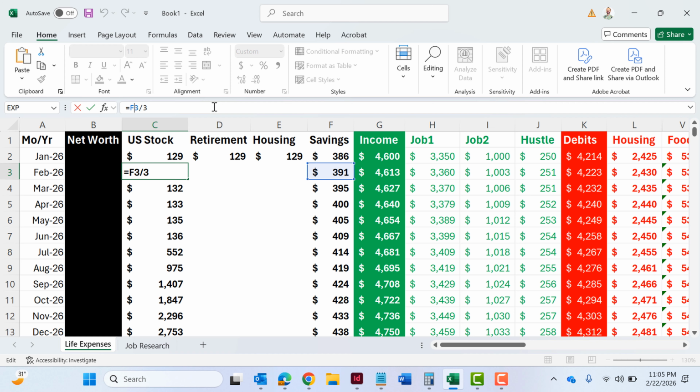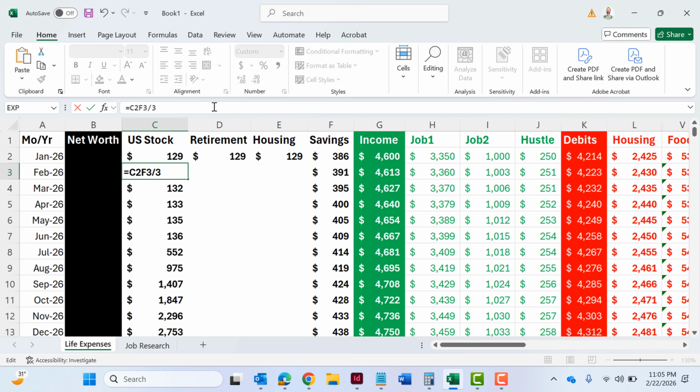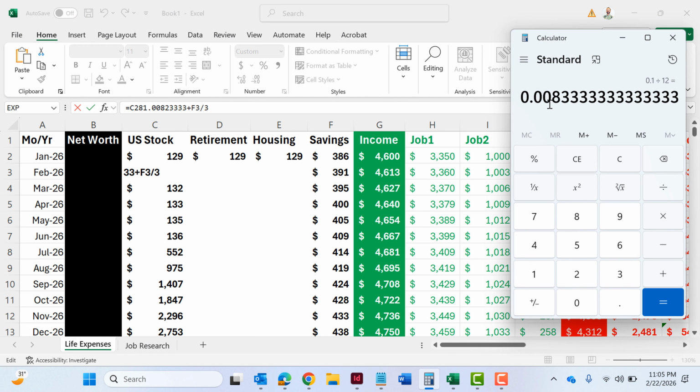So we're going to say the next month is equal to C2, so that's last month's stock market, plus F3 divided by 3, and all of this, we have to make sure we multiply last month's times 1.0083333. I think that's the right equation. Let's check. 0083. Nope, I got it wrong.